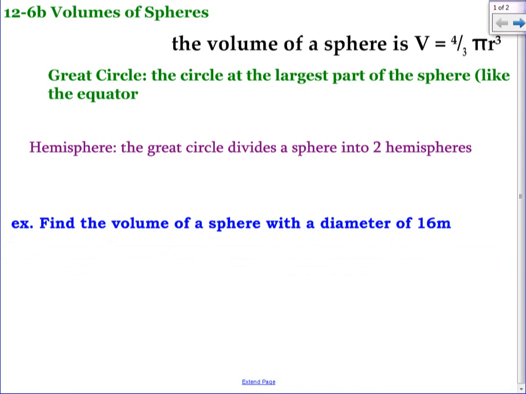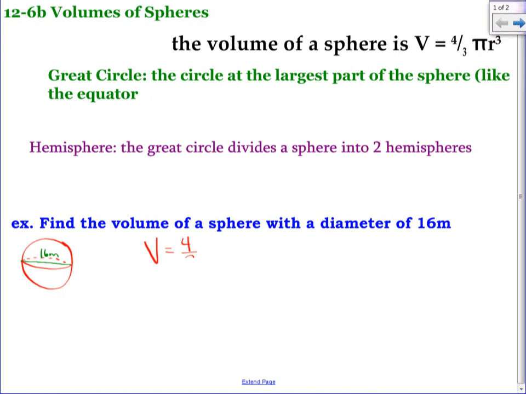All right, find the volume of a sphere with a diameter of 16 meters. Okay, so we've got our sphere, and the diameter on that is 16. We've got our three lines of work to do.